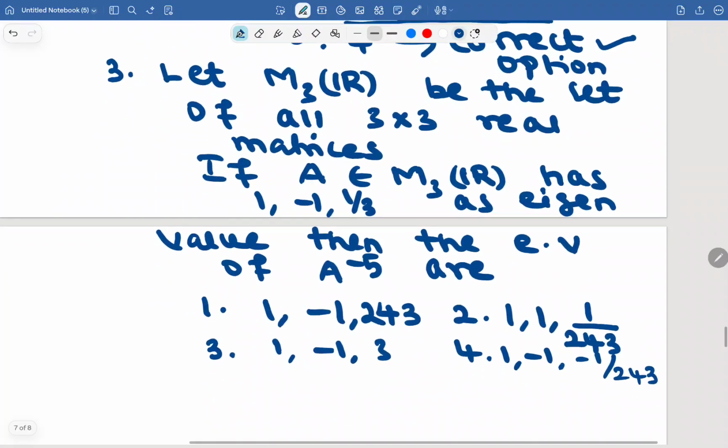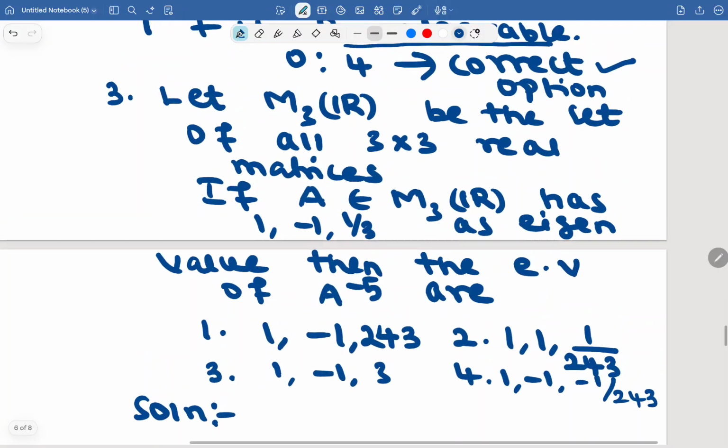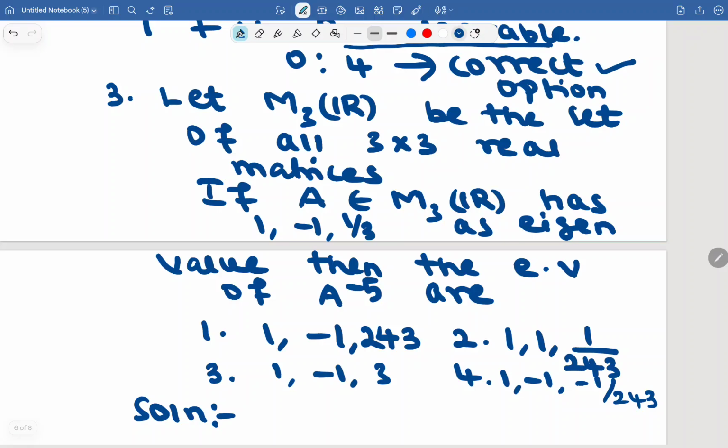See, in this problem, one 3 cross 3 real matrix is given that may be taken as M3R. If this A matrix belongs to M3R, which is a 3 cross 3 real matrix, this A has 3 eigenvalues, 1, minus 1, 1 by 3.